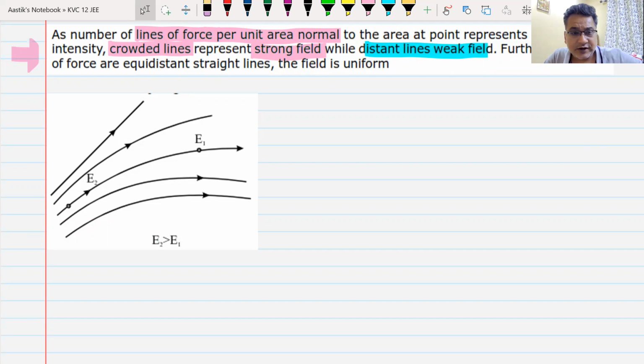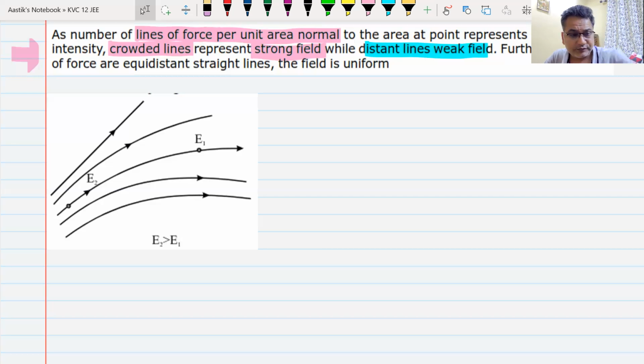So how did you get that point? We just looked at the number of electric field lines, and looking at that, we can say where the electric field is more and where it is less. Yes or no? Can I have a raise of hands from everyone that we understand this?